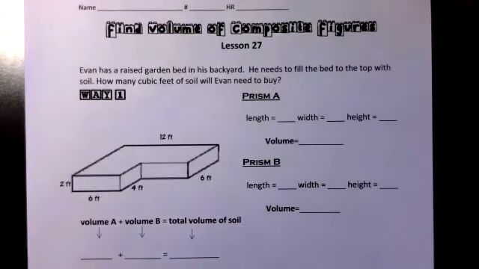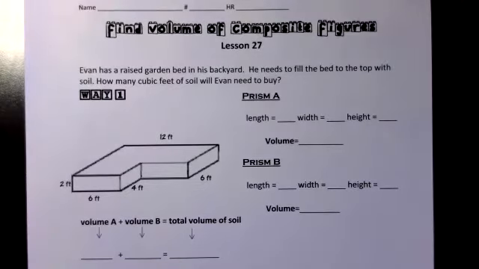For example, previously we were doing rectangular prisms that had a precise length, a precise width, and a height that we could count or have the numbers to. When we're talking about irregular shapes or composite figures, we're looking at how they are composed of multiple different shapes, and in this case, multiple rectangular prisms together.